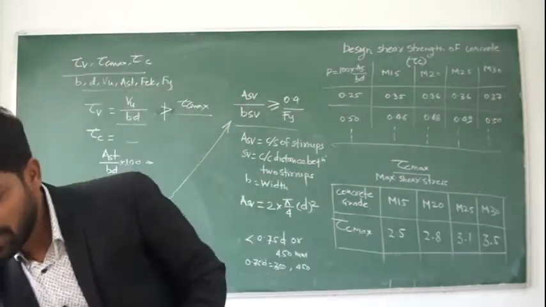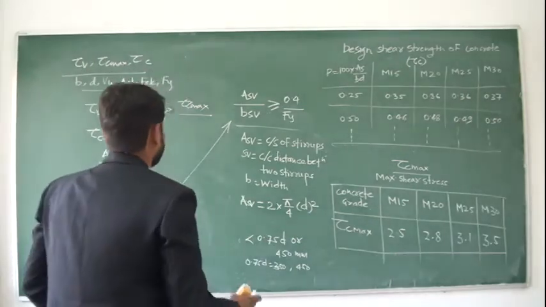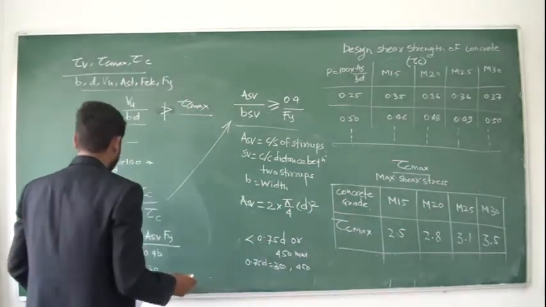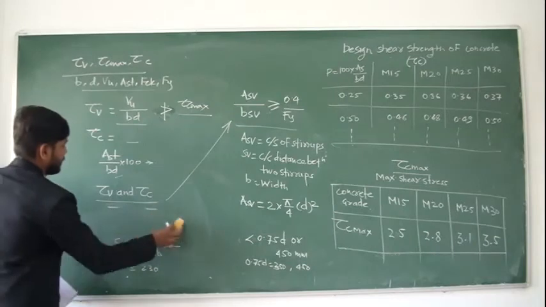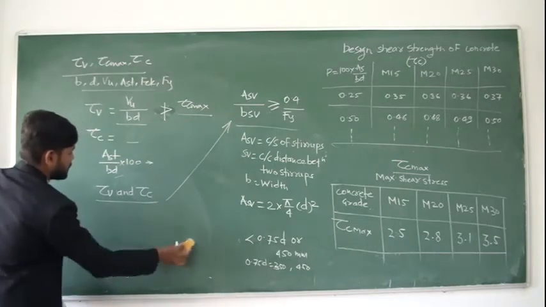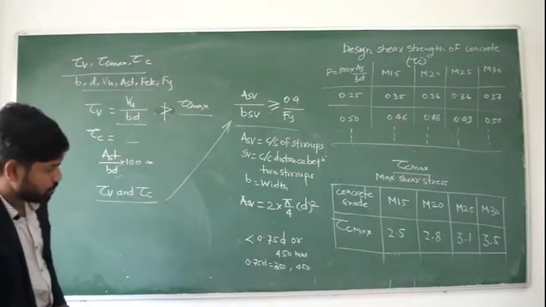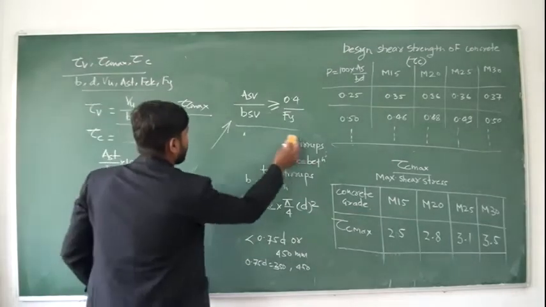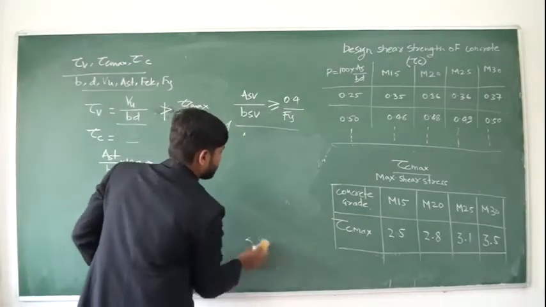But suppose, what is the next possibility? The next possibility is that your tau v value is greater than tau c.